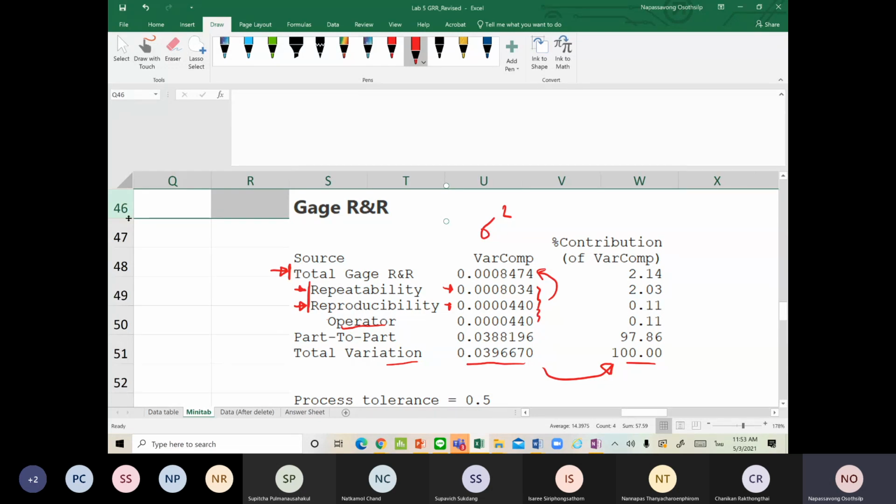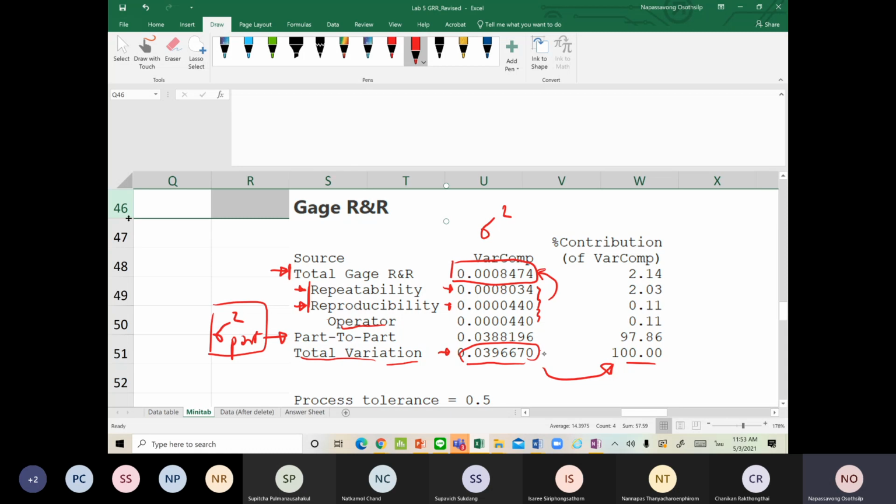Then when you quantify the total variation, which is this number, if you subtract this number from it, you will get the sigma variance of the part. This number cannot come by itself, so you have to subtract.